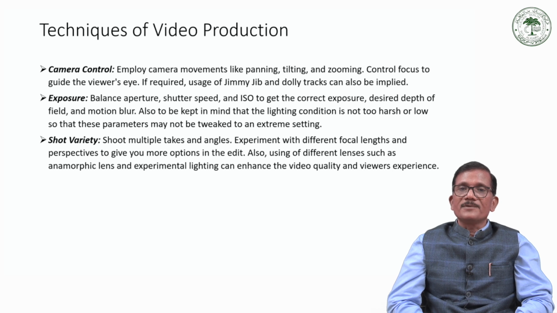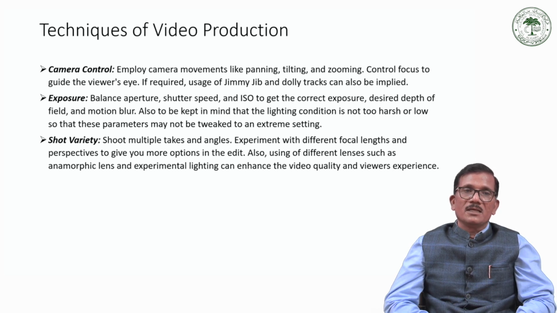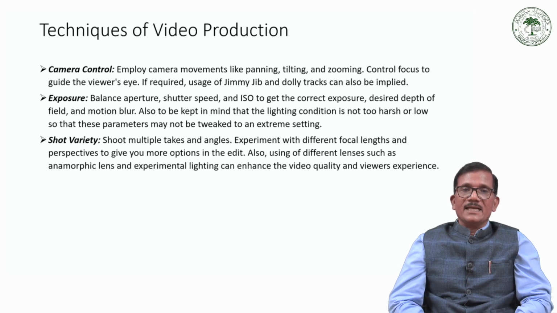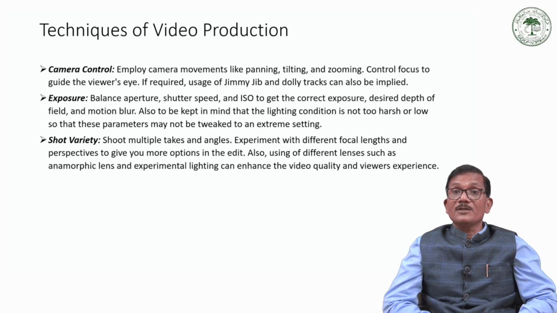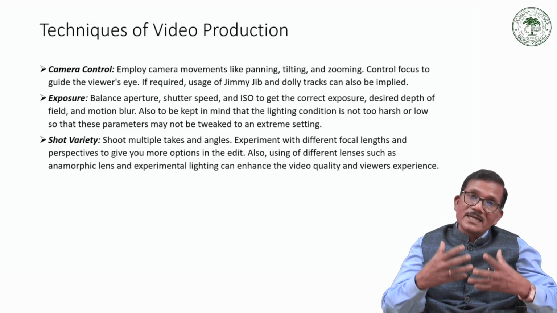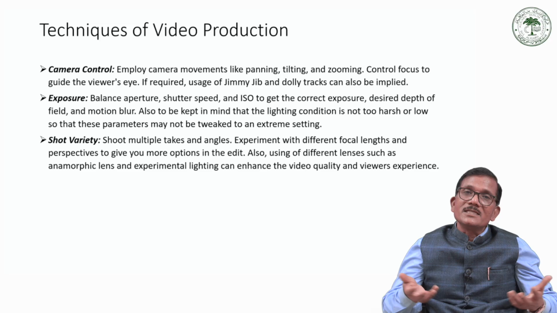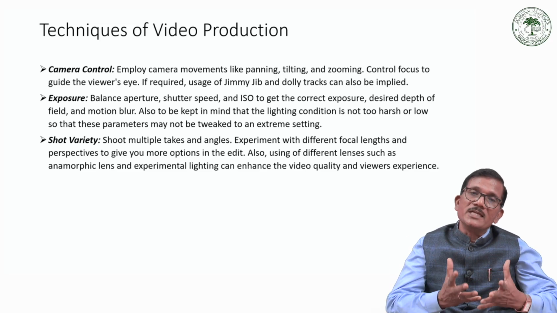Also, using different lenses, such as anamorphic lens and experimental lighting, can enhance the video quality and viewers' experience. So understanding the various lenses available, the qualities of those lenses, the performance of those lenses is equally important.